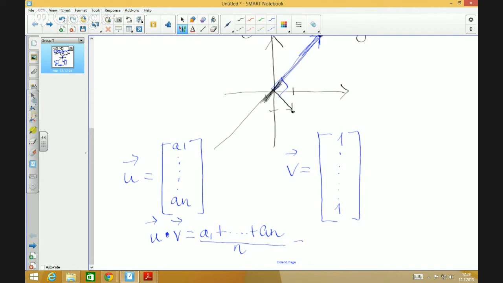Because actually dividing by n corresponds to taking a1 divided by n plus, up to, an divided by n. So in other words, I multiply each one of the ai's by 1 over n. So instead of 1 in v as the constant coordinates, here I should take 1 over n.